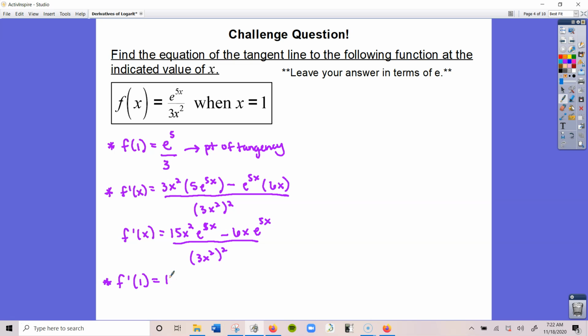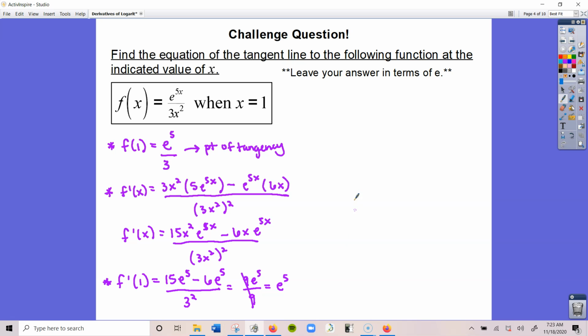And that's going to equal 15 times 1 squared, so 15, times e to the 5 times 1, so e to the 5th, minus 6 times 1, so 6, e to the 5 times 1, so 5, over 3 times 1 squared, which is 3, and then we're going to square that. So 15e to the 5th minus 6e to the 5th is 9e to the 5th over 9, which then our 9's cancel. So we're left with a slope of e to the 5th.